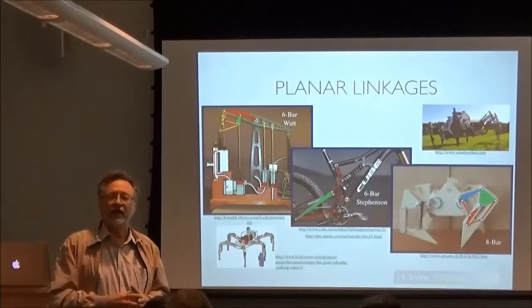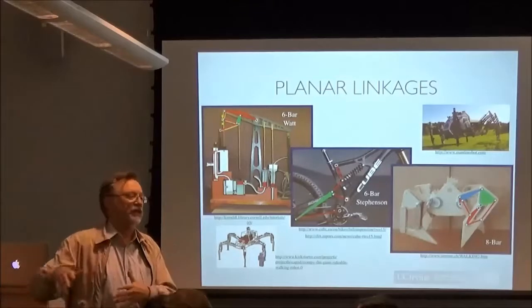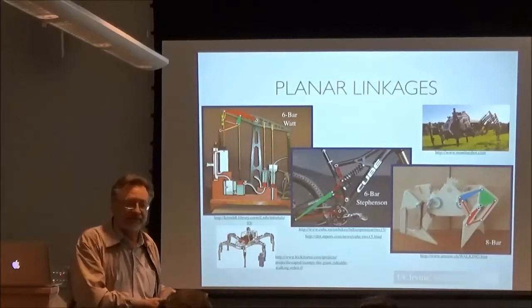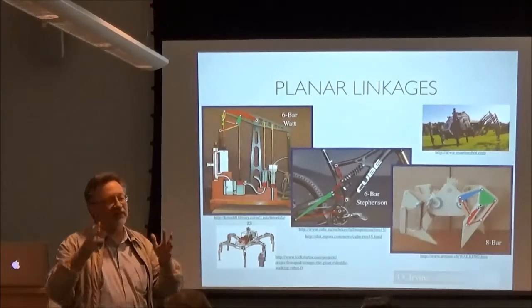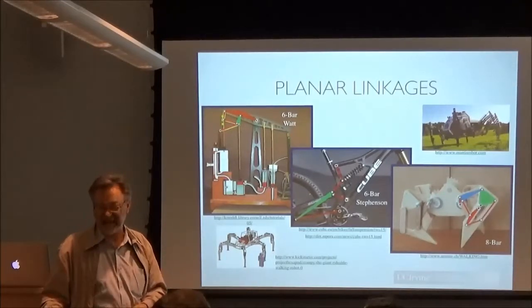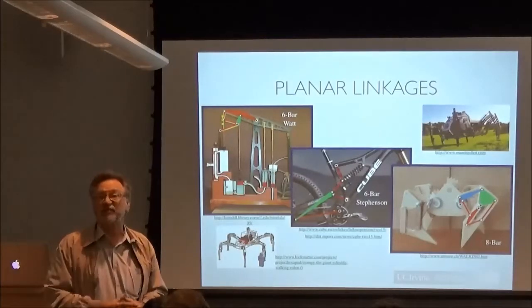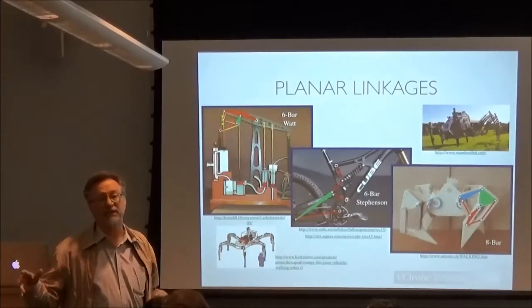When we had our 21st century workshop on Kinematics, we really had three broad areas. One was mechanisms in robotics, the other was compliant mechanisms and cable-driven systems, and then the third was protein kinematics and microsystems.